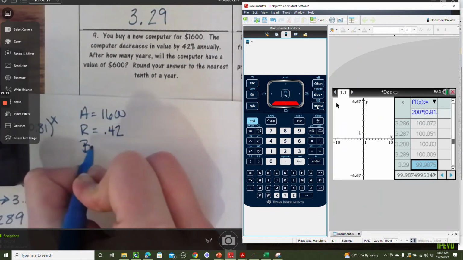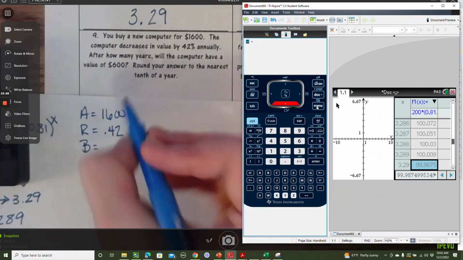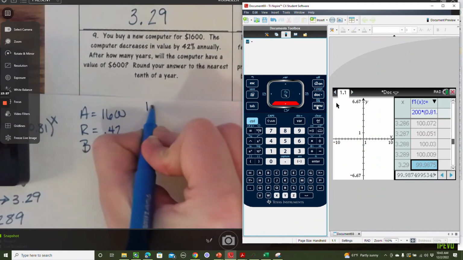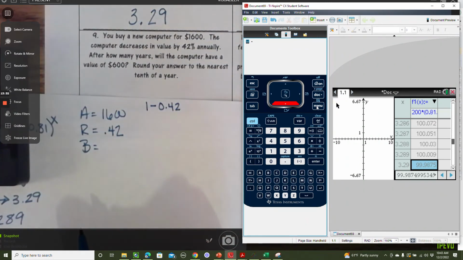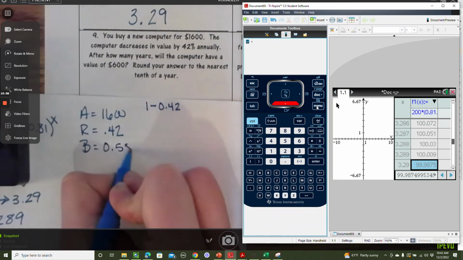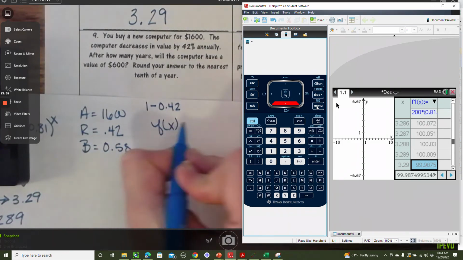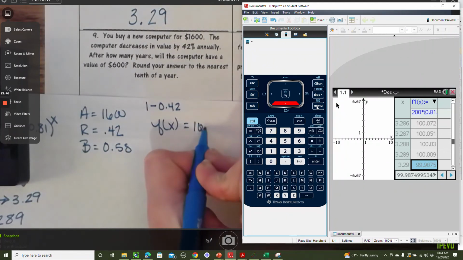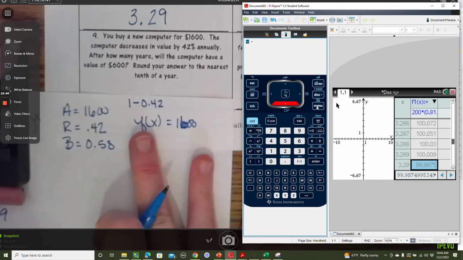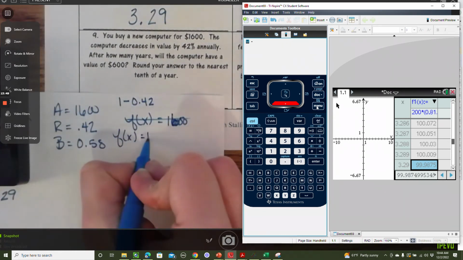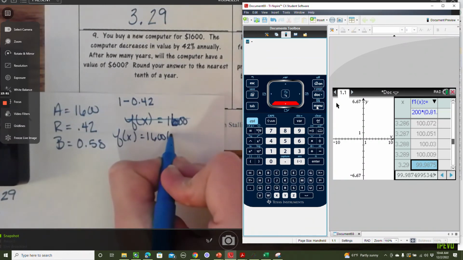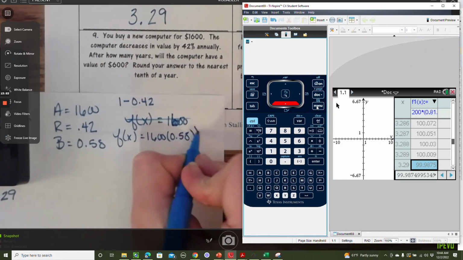So what's the B value? 1 minus 0.42. 0.58. So f of x equals 1,600. Okay, that's going to drive me nuts. f of x equals 1,600 times 0.58 to the x.